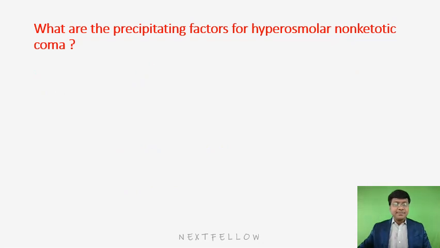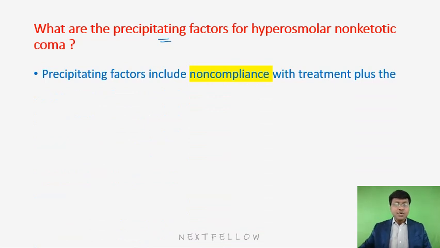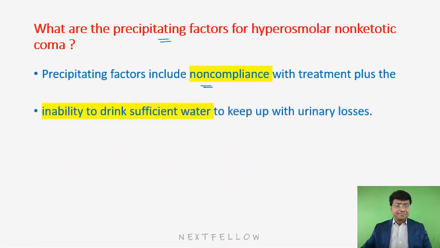What are the precipitating factors for hyperosmolar non-ketotic coma? They include non-compliance with the treatment. The individual is advised to take adequate oral hypoglycemic agents, but is non-compliant. Along with that, inability to drink sufficient water to keep up with the urinary losses.